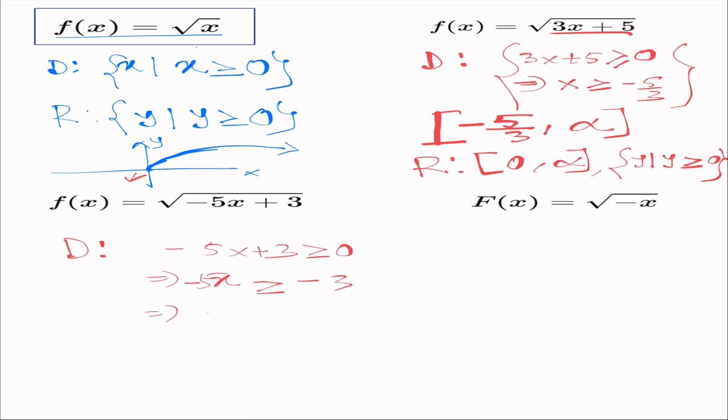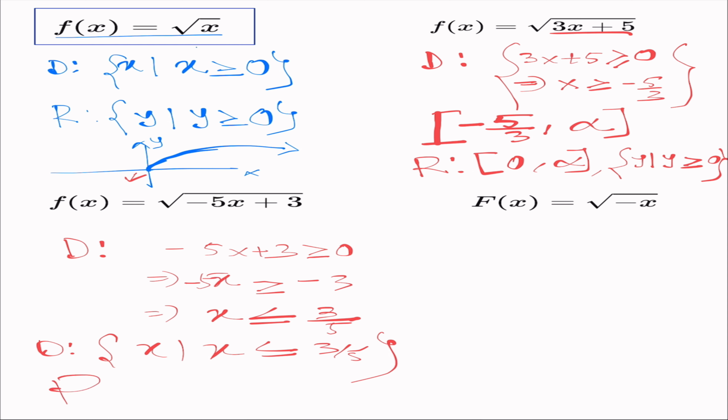Since we have to flip the sign, x is less than 3/5. So this is our domain. You can just write down the domain, x less than 3/5. And the range is the same. Remember that all the time we have the same range. Y, all the real numbers, and it has to be more than 0.